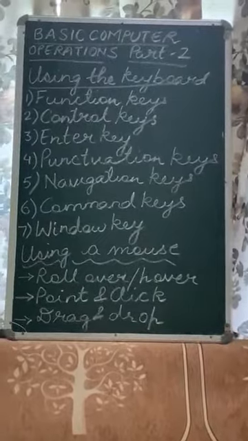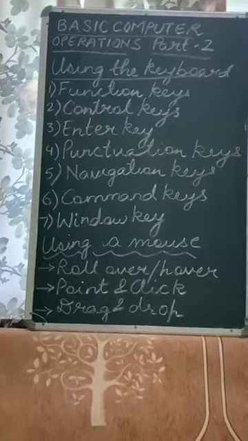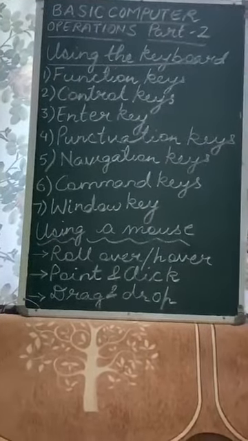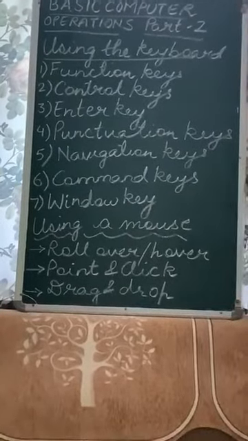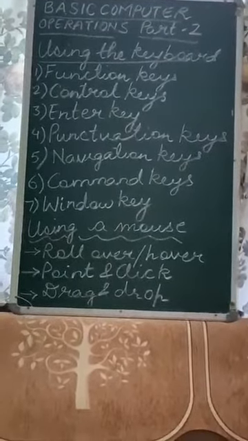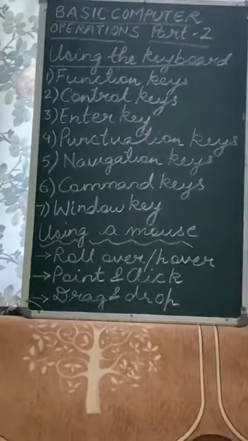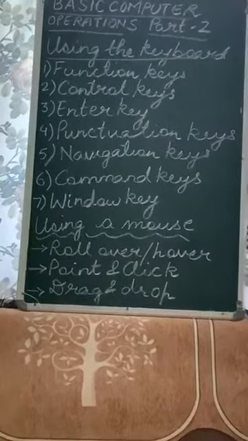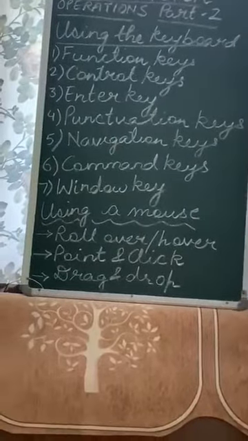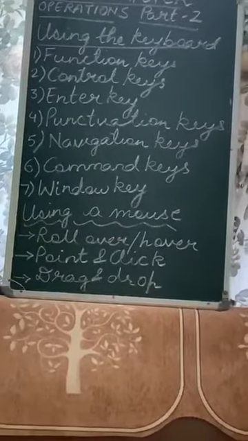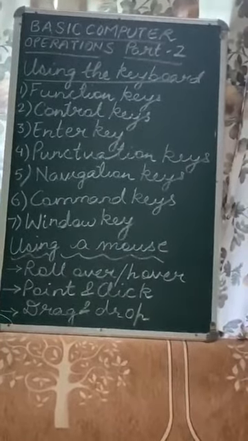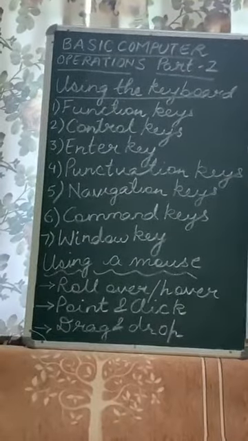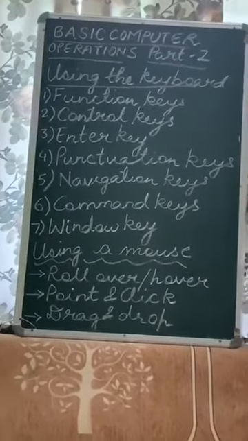For example, the control key is used for selection of various folders and texts, and the shift key is also for selection. The difference is that with the control key you can select various things which are not consecutive, while shift helps us select text that is one after the other.